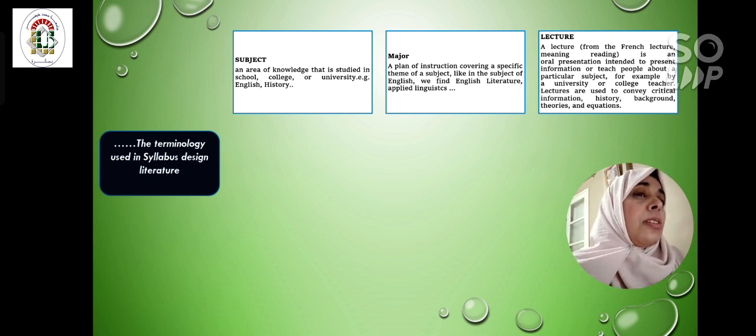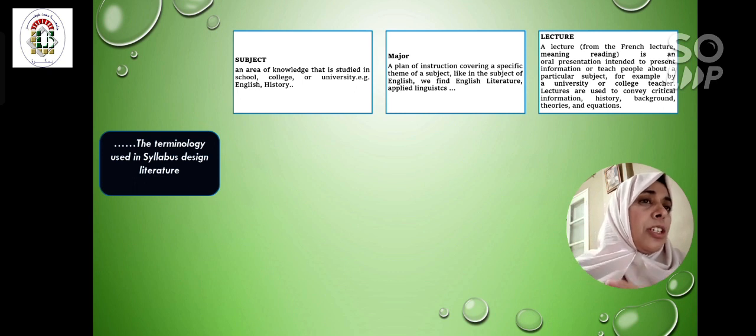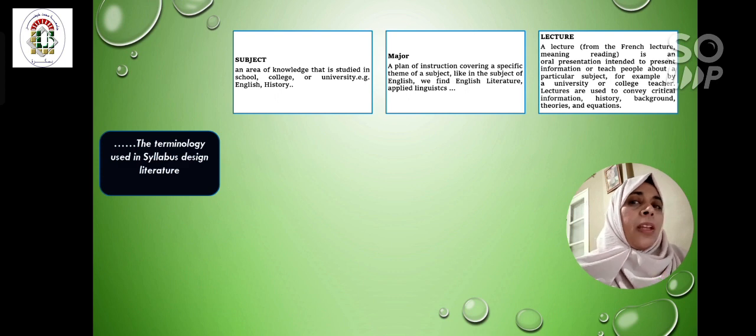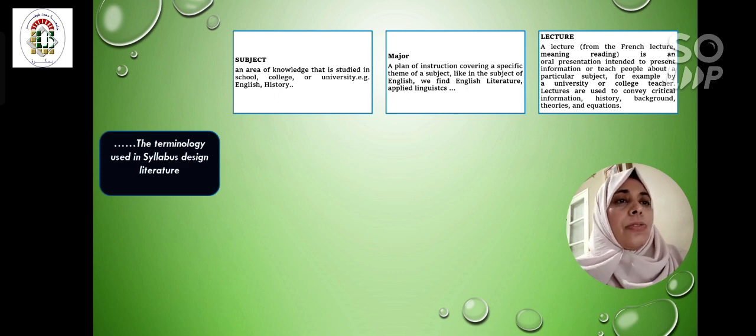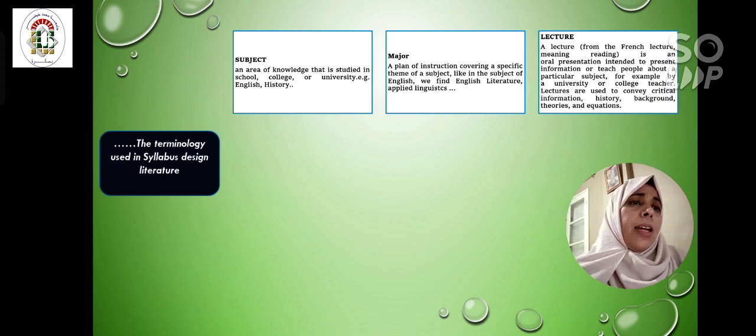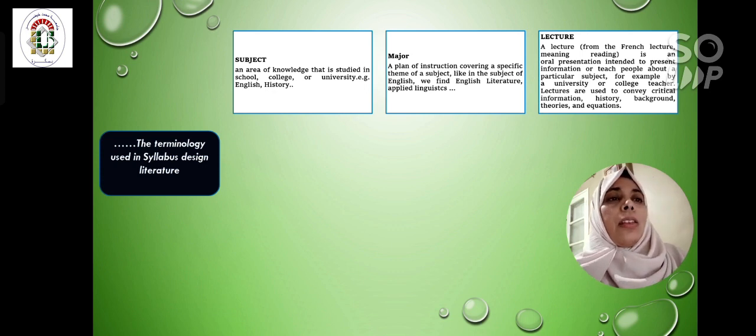Lectures are used to convey critical information, history, background, theories, and equations. Here in the lecture, students do not take part in activities during the class. They may have questions and answers, they may have debates, but normally they do not practice the theoretical parts of the lesson.